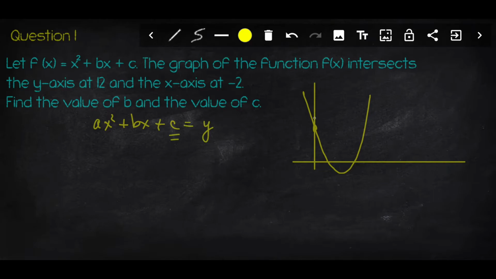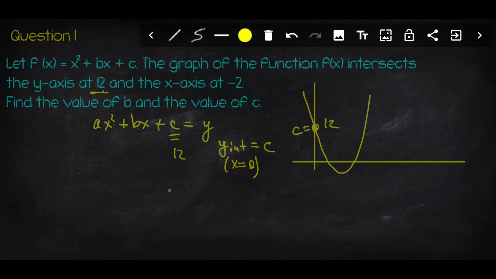And this c coefficient you can always find here, no matter what sort of function you have. Why? Because for the y-intercept, x equals 0, so you'll get y equals c. Here is the y-intercept, and you know this is 12. So immediately we can figure out that the c value is 12, all right?